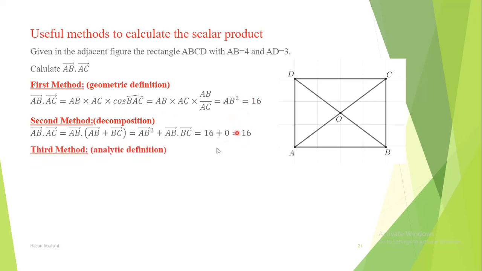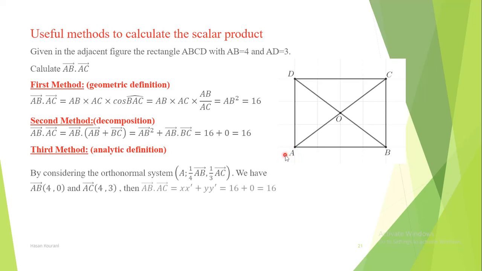The third method is the analytic definition. We apply the analytic definition in case of coordinates. In fact, we don't have coordinates here, so sometimes, if we are asked to do this, it's good to introduce an orthonormal system with a certain origin.